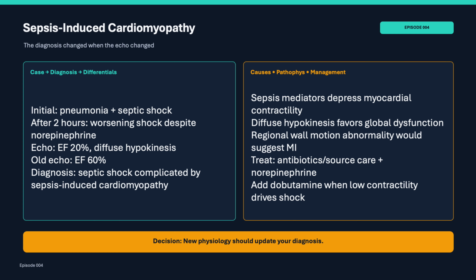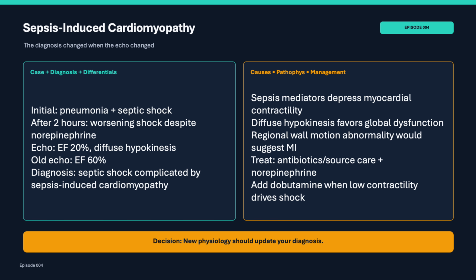That rapid recovery supported transient sepsis-induced myocardial dysfunction rather than chronic systolic heart failure. The major complications include persistent mixed shock, arrhythmia, pulmonary edema, multi-organ failure, and death.